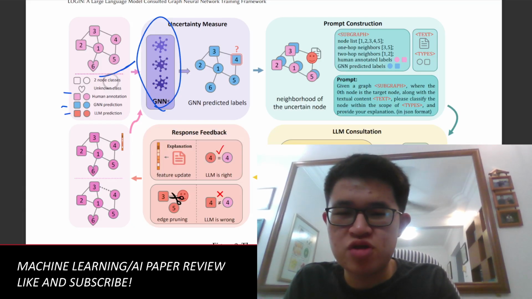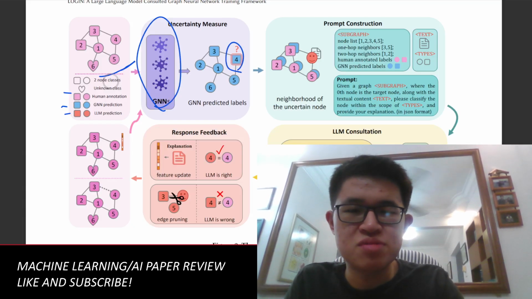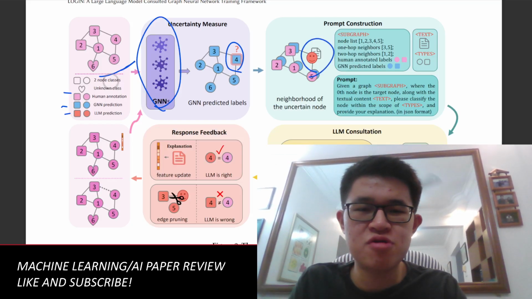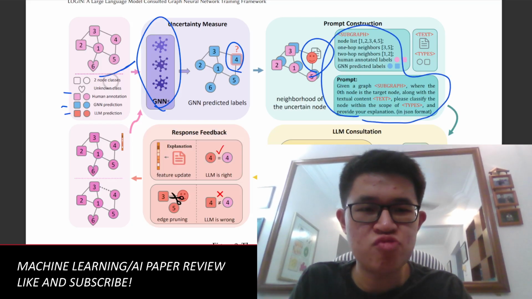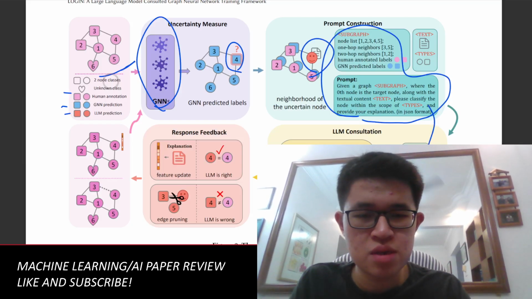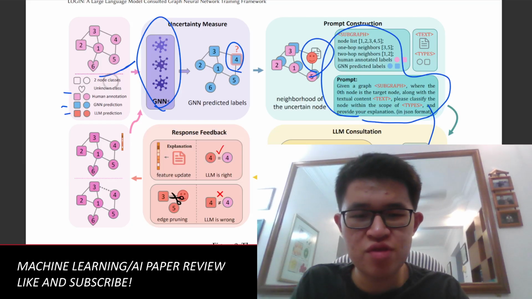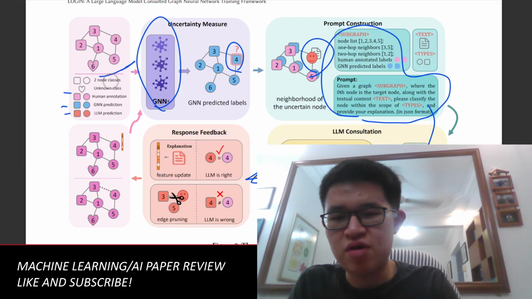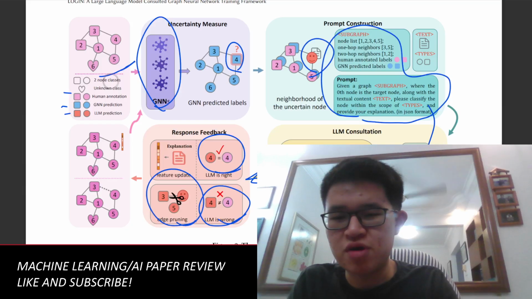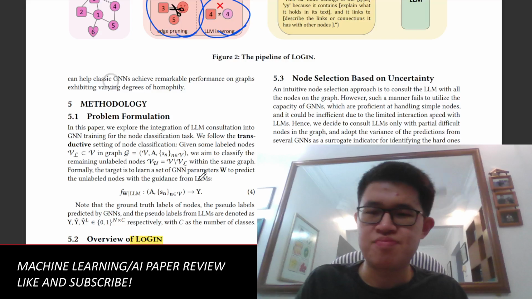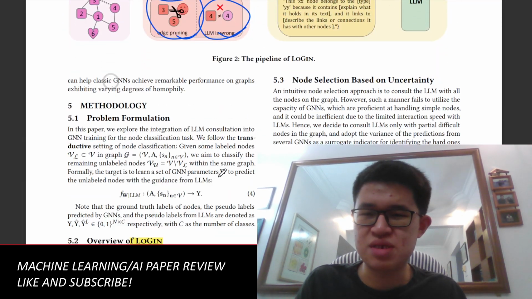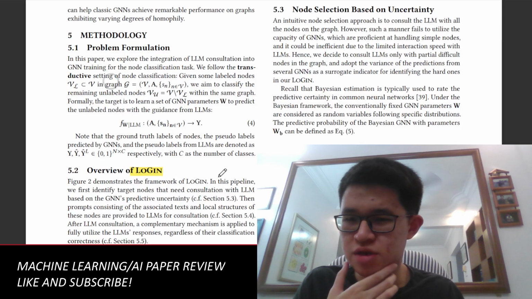So a bunch of GNNs predict labels, and somehow you have a neighborhood of the uncertain node, and then you create a prompt telling the LLM to classify what kind of node this is, and it comes up with a response. Either the GNN is right or the LLM is right, and you do some kind of pruning or feature update, and basically it goes through the cycle. Okay, so that's the highlight of the figure there.